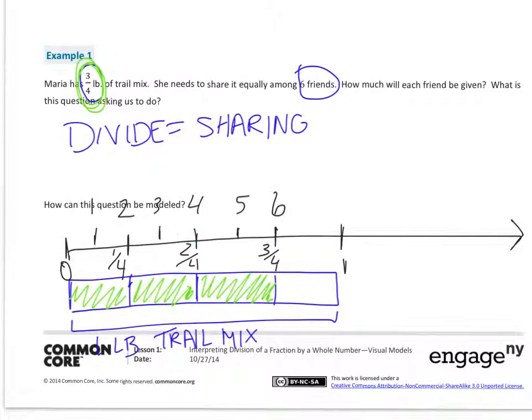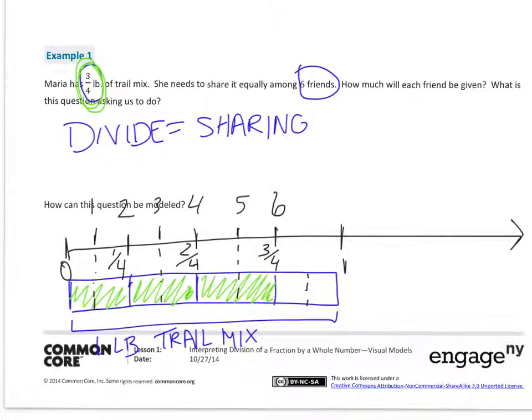So we need to figure out what unit we're working with now. So, well, if I draw an invisible line here, okay, then I'm dividing each of these pieces into 2. And here I'm going to do this over here, because I have to do it to all of them. Okay, well now I can see I've got 1, 2, 3, 4, 5, 6, 7, 8. So what did I turn these into? Eighths.